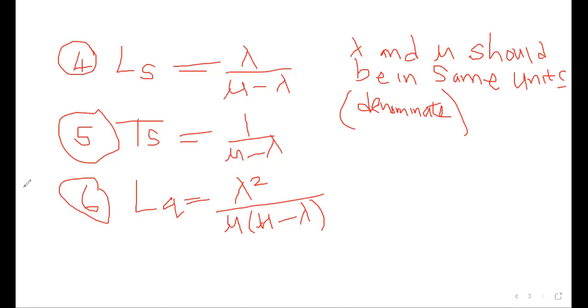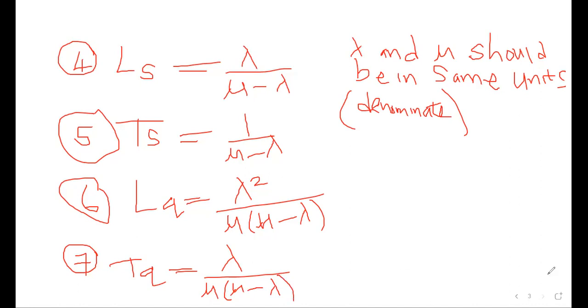The last formula is the time spent in the queue, which is equal to lambda over mu, then mu minus lambda.